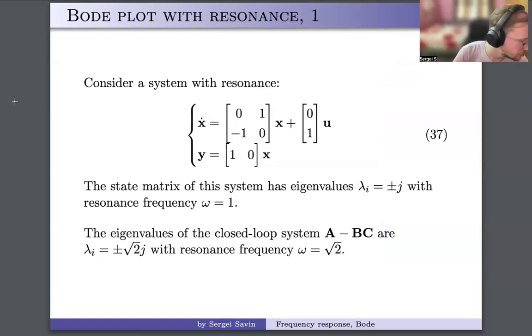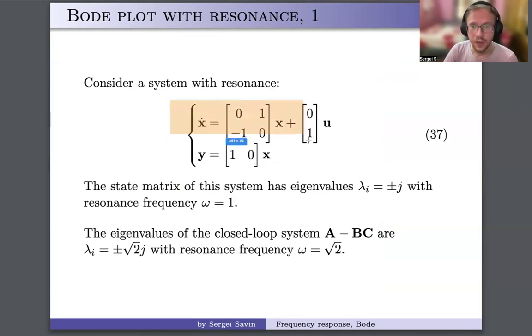Let me see. I still have a little bit of time. So here we have a system. I specifically chose it to have a resonance. Eigenvalues of the system are plus minus imaginary one, right? So plus minus j. A resonance frequency of the system is omega equal to 1.